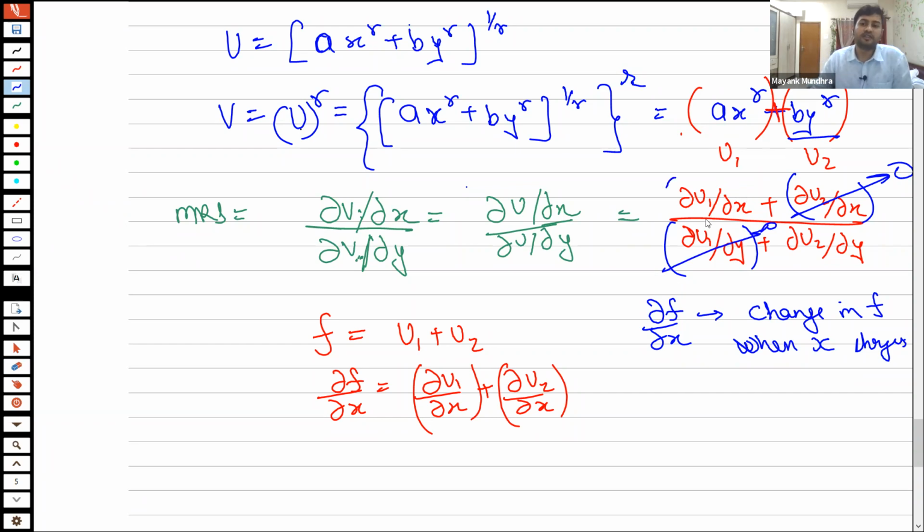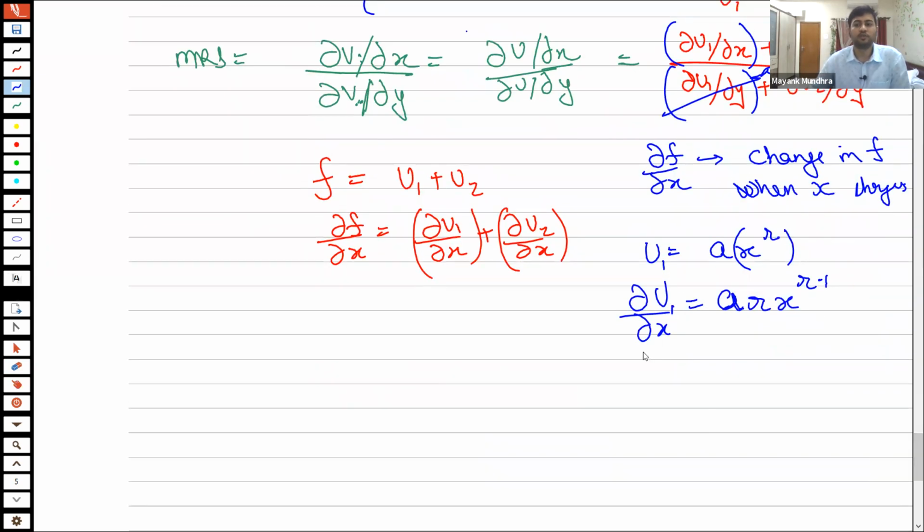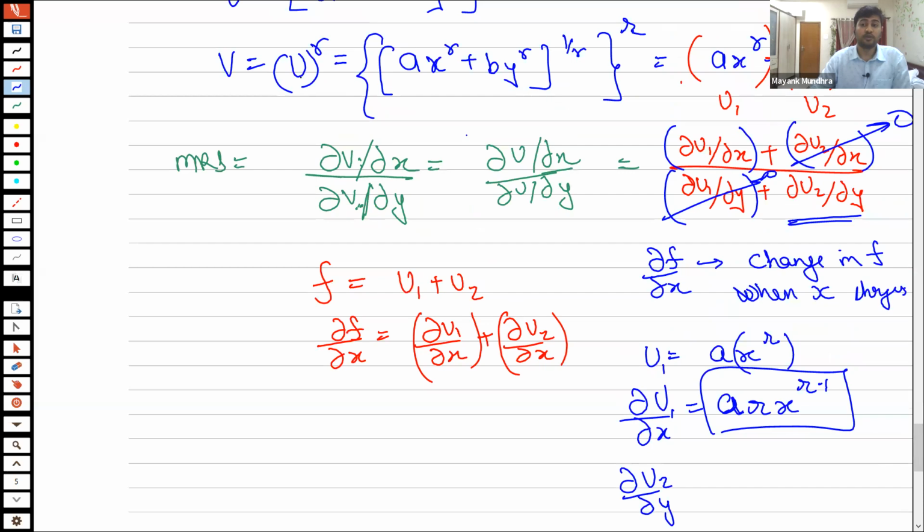Okay. Now differentiation, del u1 by del x. u1 is a x to power r. So del u1 by del x is, from the property, a times x to power r differentiates to a r x to power r minus 1. So this is del u1 by del x, and this becomes the numerator. Similarly, del u2 by del y is the only thing which will remain here. When you differentiate this with respect to y, it becomes b r y to power r minus 1.